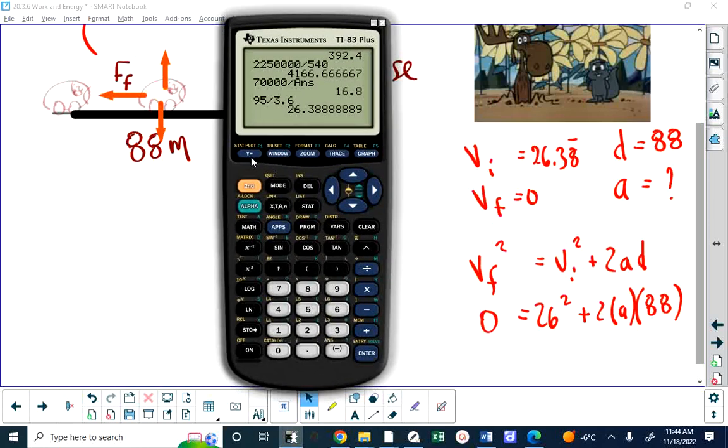So I have to square this number. Mathematically, I have to subtract it to the other side where it becomes negative. Then I have to divide by 2, and I have to divide by 88, which means the acceleration is negative 3.96 meters per second squared.